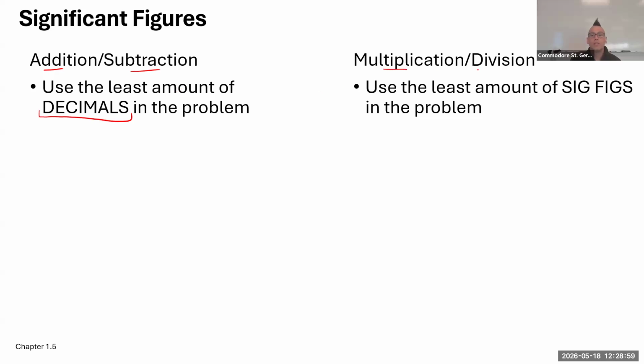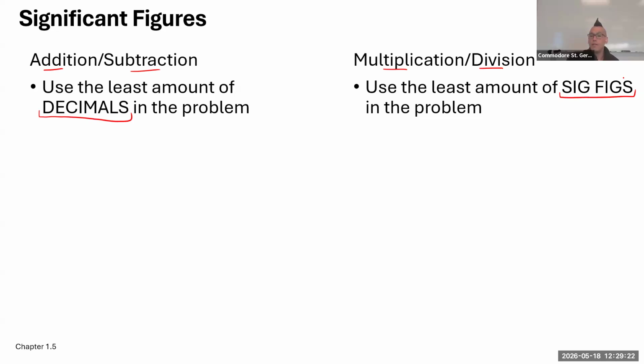When we do multiplication or division, we're going to use the least amount of sig figs in the problem. All right, so addition, subtraction, least amount of decimals, multiplication, division, least amount of sig figs. Easy to get this tripped up. Again, take notes, write them down. You want to practice this.